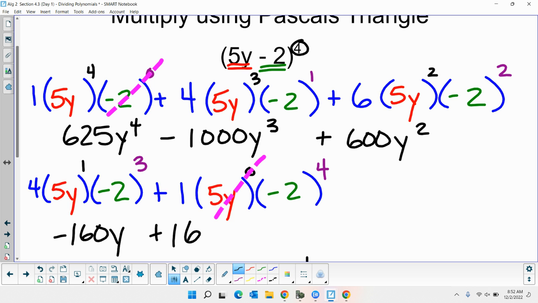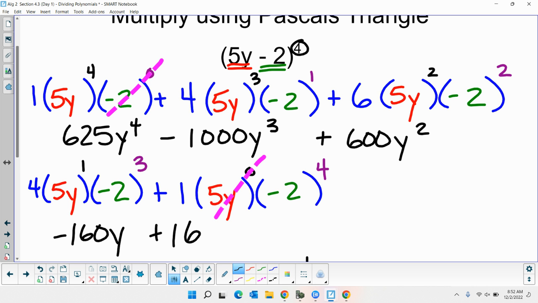Then we'd have 625y to the 4th, 1000y cubed z to the first. So if there's another variable, then we would put them in our answer. But since it's a regular number, I don't have to worry about that yet. I do worry about it, but I don't have to write it in my answer, I guess, is what you were looking for, right? Yeah. Any other questions?